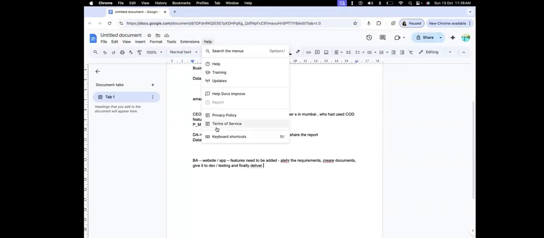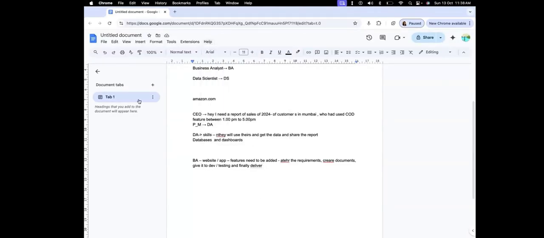Then the developer will develop it, testers will test it, and finally the changes will happen. So anything I want on the UI part or functionality-wise is taken care of by a business analyst, the person who works on completing the features and functionalities.